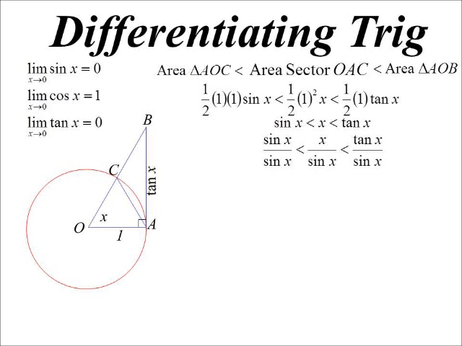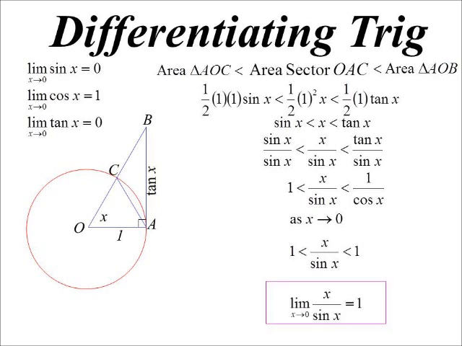Tan x on sine x becomes the reciprocal of cos x. Well, as x approaches 0, 1 on cos x, because the limit as x approaches 0 of cos x was 1, also is 1. So we know x on sine x is in between 1 and 1. Thus we've found its limit, and this was the limit I'm interested in. It's known as the small angle theorem.